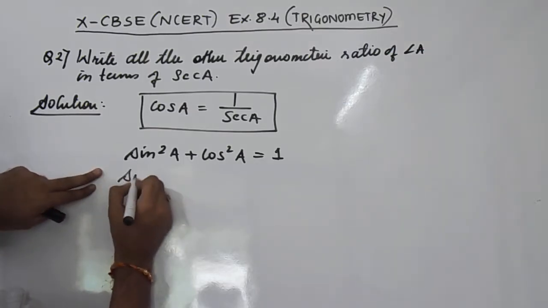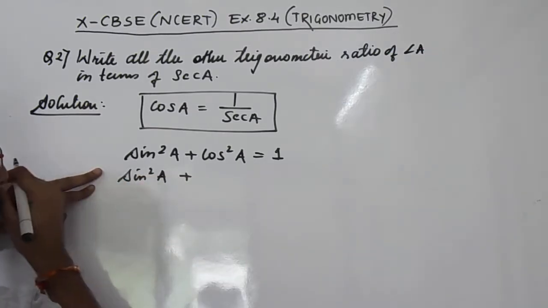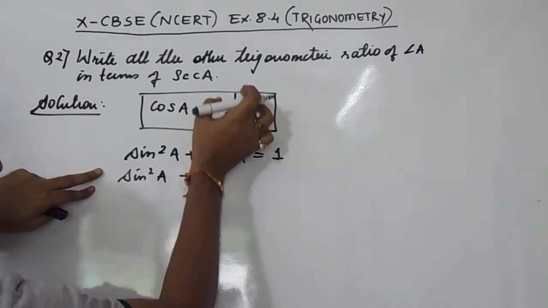Now it will be sin square A plus what is cos square A? In the place of cos, can I write 1 upon sec?